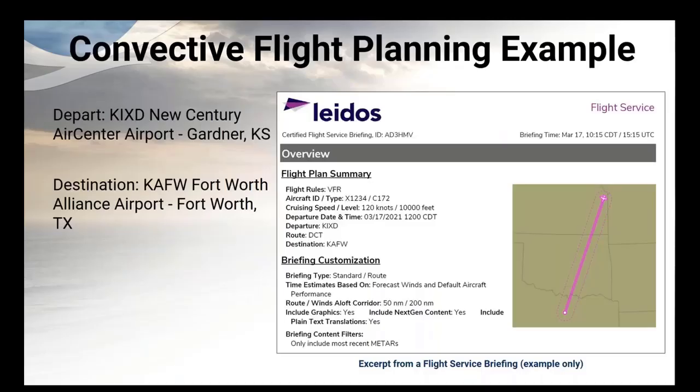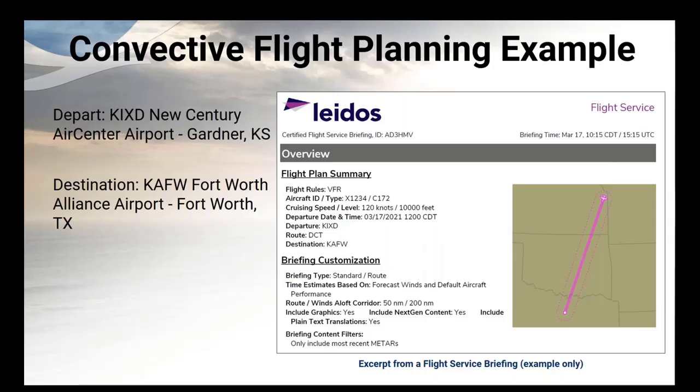We're going to go ahead and do this hypothetical flight from Gardner, Kansas, southwest along a straight line down to the Fort Worth area. And we're going to look at it from 2 perspectives, both Amanda and Amy from the Aviation Weather Center. Amanda will first look at a pre-flight scenario, some of the information involved in that. And then Amy will take over and look at some of the aspects involved when you're looking at it from an en route perspective.